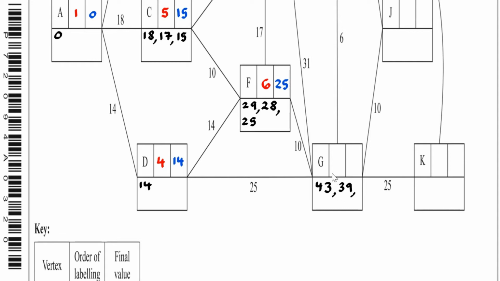So now if we take a look at what comes off the F, we have 25 plus 10, which is 35.